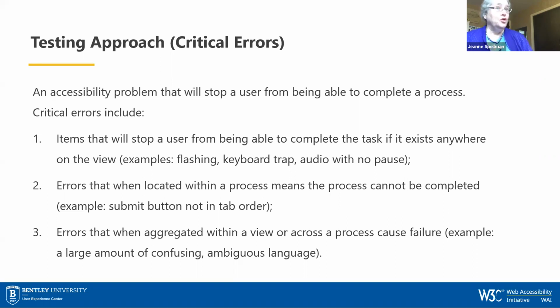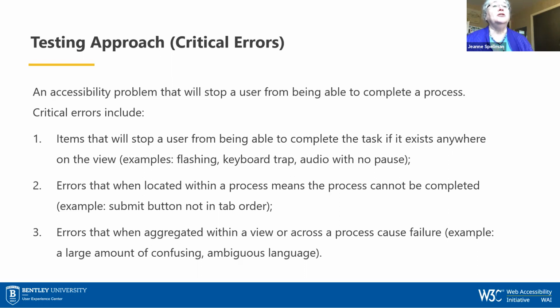Then the second one is a new one. These are the errors that when they're located within the process means the process can't be completed. So an example would be an icon in the navigation that doesn't have alt text. What we want to do is be able to give organizations the ability to have small errors without failing. But we have to make sure that any errors that really are important do fail.